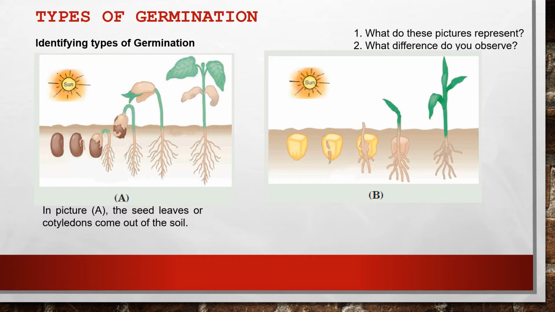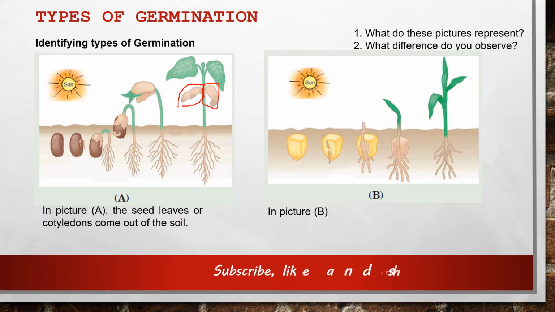These are the cotyledons or the seed leaves. In the first picture, the cotyledons have come out of the soil. The seed turns into a seedling, but during that process, even the cotyledons come out of the soil.